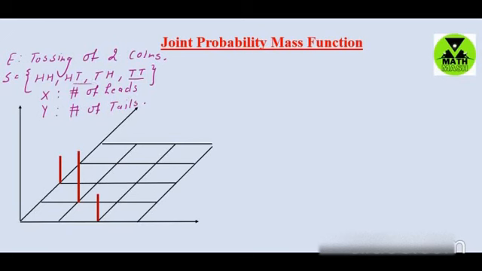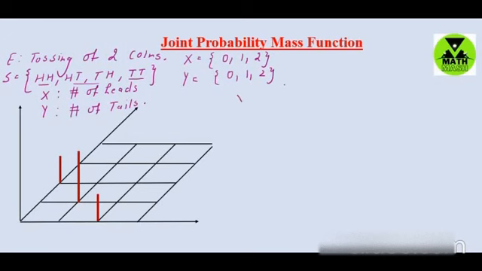It could be 1 if the outcome HT or TH turns out, and it could be 2 if the outcome HH turns out. So X assumes the values 0, 1 and 2. Similarly, Y denotes the number of tails, so it assumes the values 0, 1 and 2. Now, what is the joint probability mass function for this?